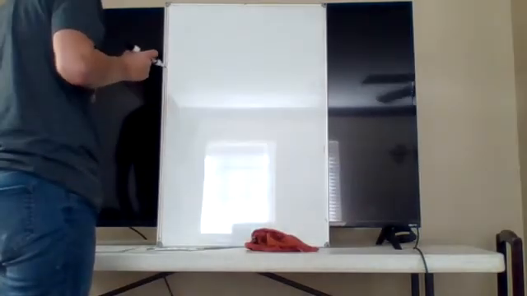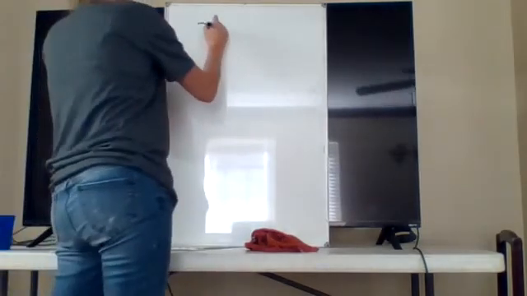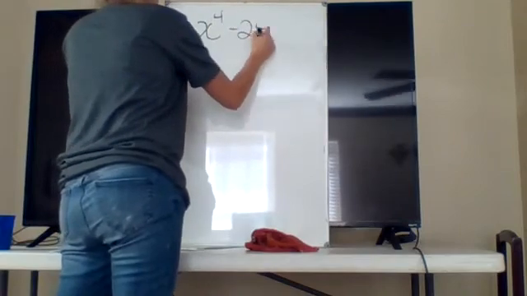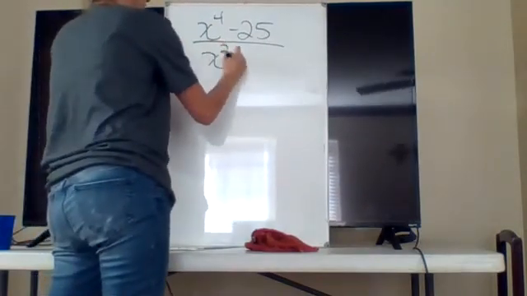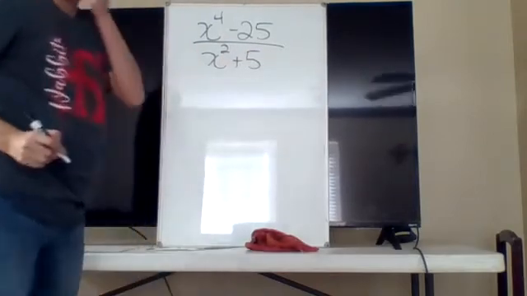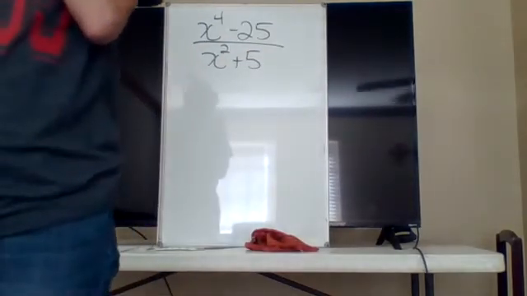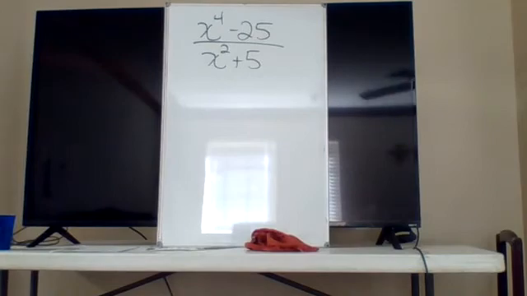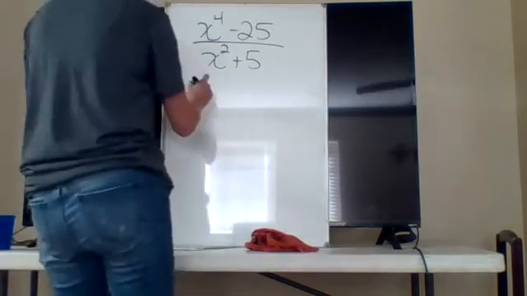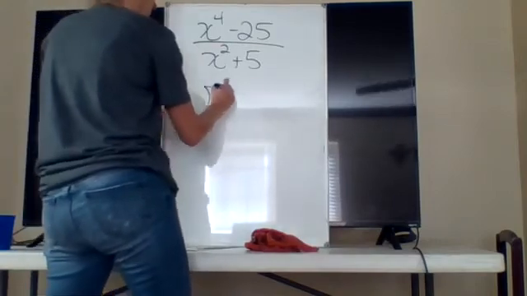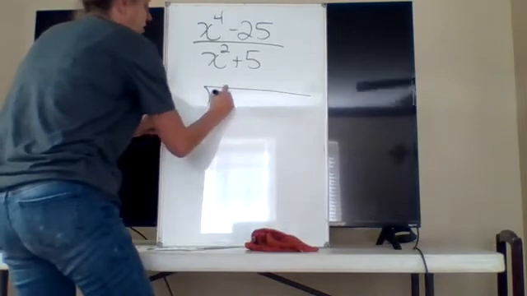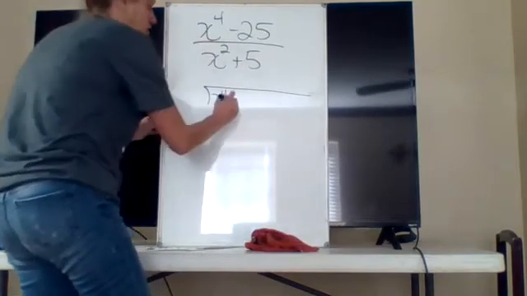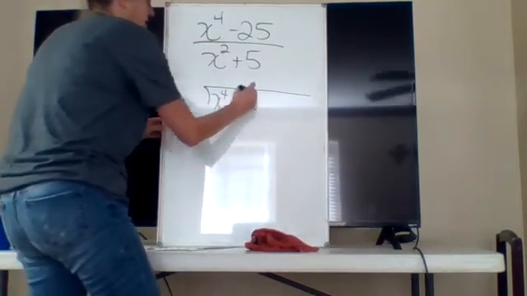You've got x to the fourth minus 25 divided by x squared plus 5. So again, we're going to set this up as long division, filling in our missing terms. So let's see, if I start with x to the fourth, that means I'm going to need an x to the third, which I don't have any.